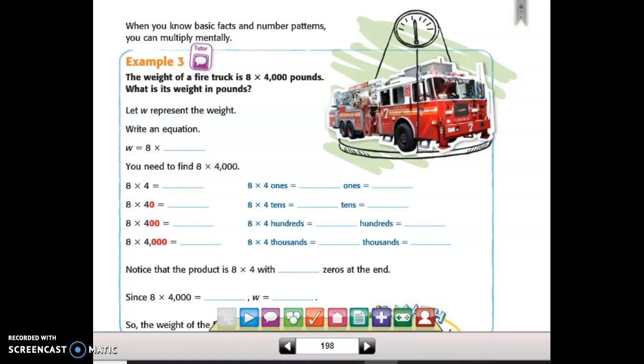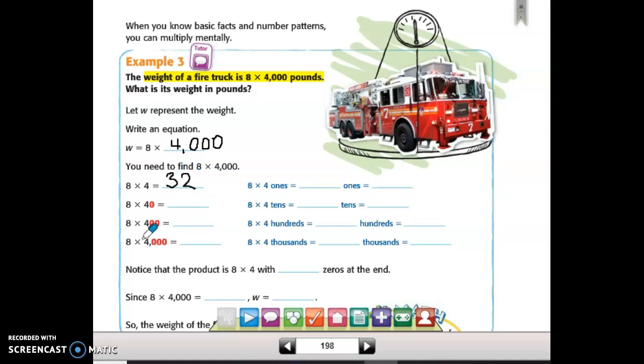Well, if I highlighted my problem, weight of a fire truck is, it tells us the equation right there. 8 times 4,000. And because we're going back to our basic fact, 8 times 4 is 32.